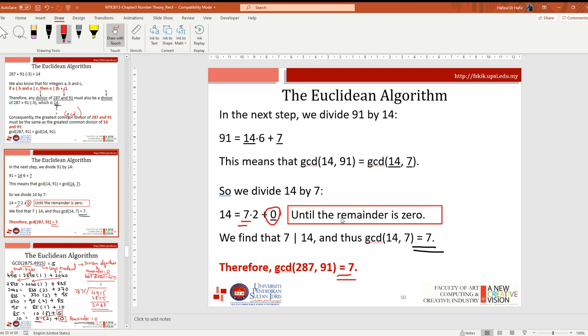In the next step, we divide 91 by 14. It means the GCD of 14 and 91 is the GCD of 14 and 7. So we divide again 14 by 7 until the remainder is 0. We find that 7 divides 14, thus GCD(14, 7) is equivalent to 7. So the GCD of 287 and 91 is 7, the minimum.